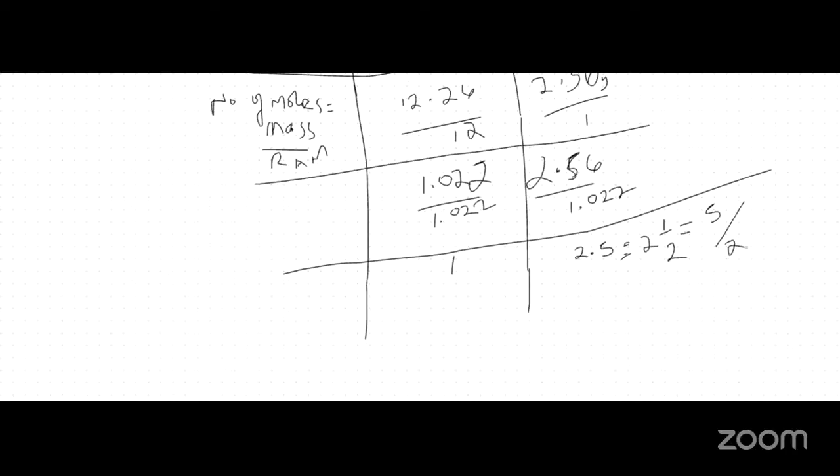So when you have something that is 0.5, it is 0.5. It is 1.5. It is 2.5. 3.5. You don't round up or down. You multiply by 2 this side and also by 2 this side.